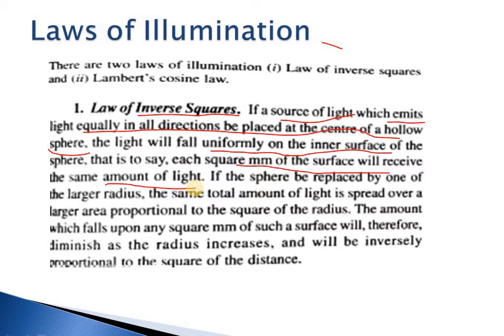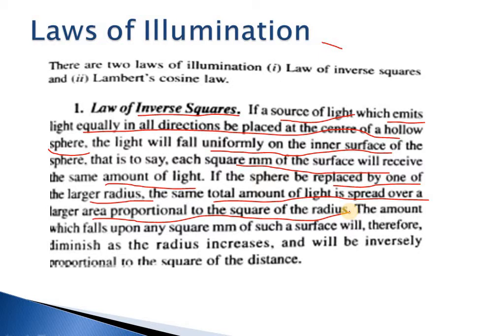Next we consider that if the sphere is replaced by one of a larger radius, the same total amount of light is spread over a larger area proportional to the square of the radius. Now the same amount of light will spread over the larger sphere.